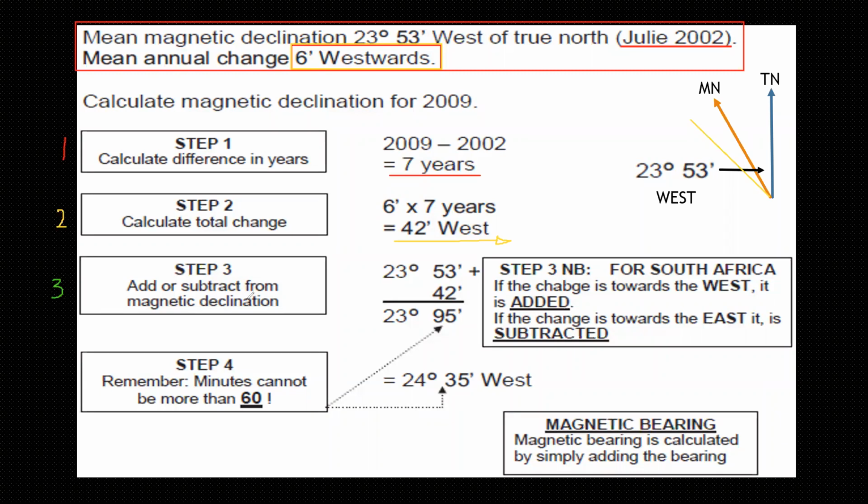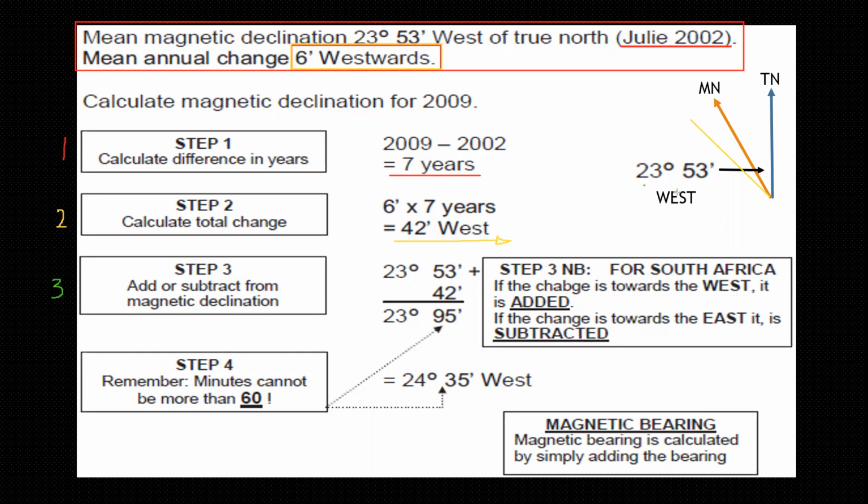Here we need to add or subtract from the magnetic declination. So we need to know what does west mean and what does east mean. For South Africa, if the change is towards the west, you will be adding. Okay. If the change is towards the east, you will be subtracting.